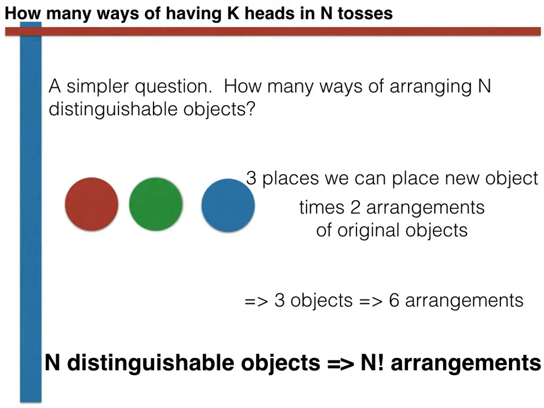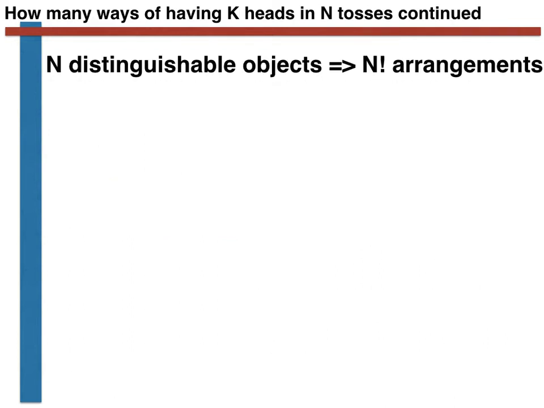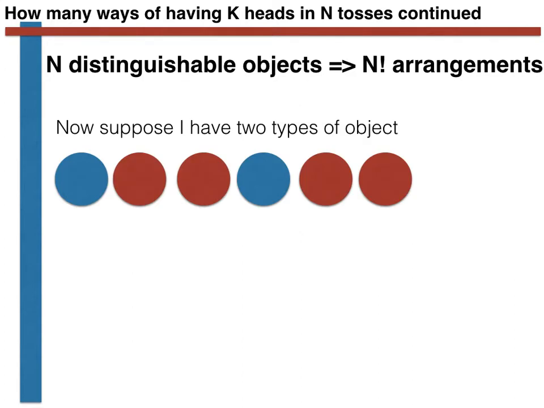We are now in a position to answer our original question on how to arrange the k successes and the n minus k failures amongst the n Bernoulli trials that we have performed in generating our binomial random variable. To do this, we need to suppose that we have only 2 types of objects, successes and failures, or, in the pictorial example shown here, red and blue circles. Normally, we cannot distinguish between any pair of red circles or any pair of blue circles.